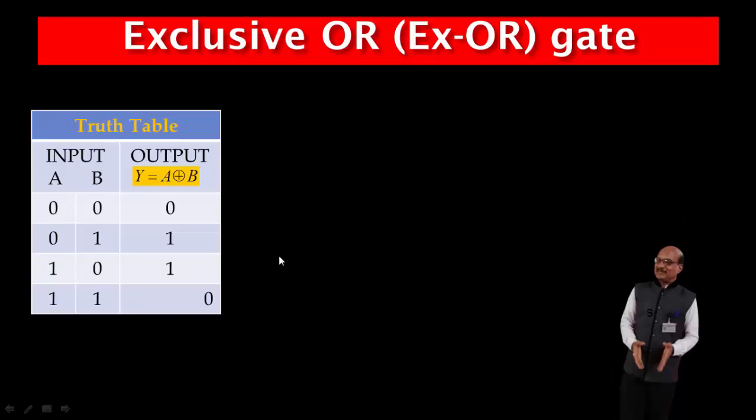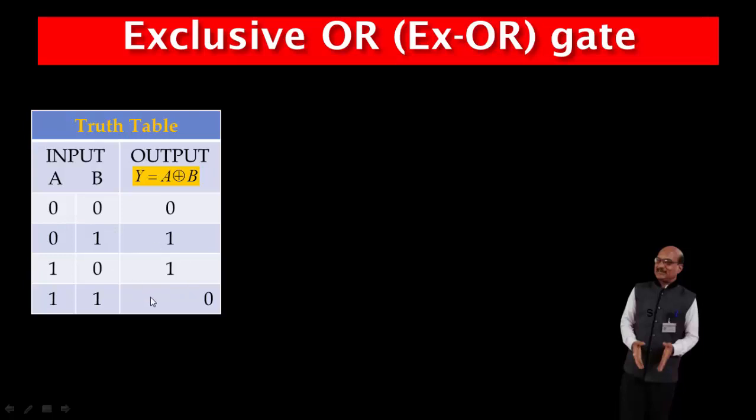Now let us see the truth table for this exclusive OR gate. So as usual the inputs are A, B, 4 possibilities, and if you use the equation Y is equal to A complement dot B plus A dot B complement, then you can very easily write down these outputs.